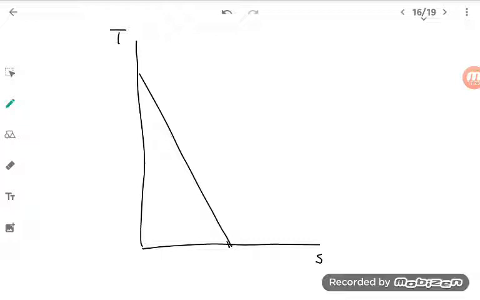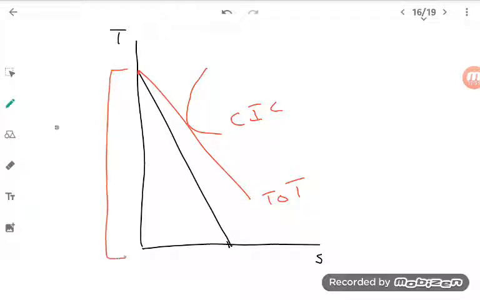So there is a new international trade price which is greater than the autarky price of textile in country B. So we are going to start from this point, and this is the TOT. It is going to be tangent to a higher CIC. This is total production of textile, and this is the quantity consumed of textile.